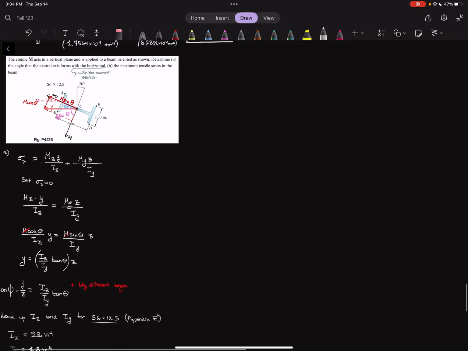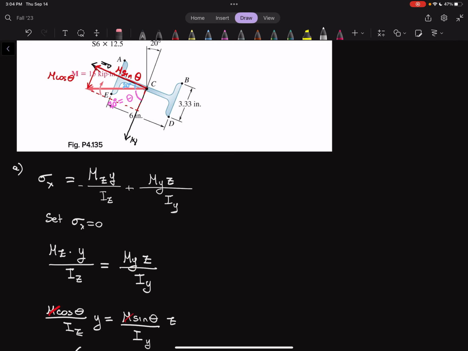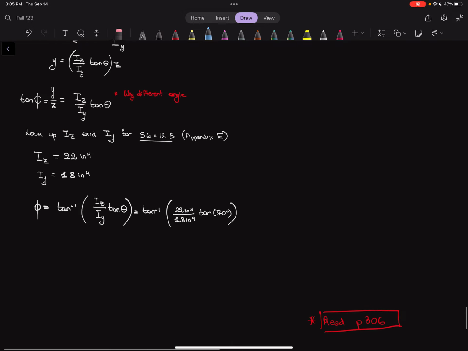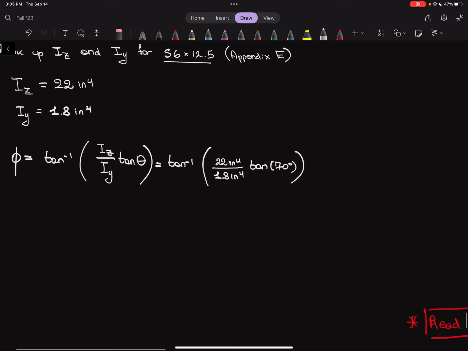Now, think about y and z. It's going to be an angle with respect to the z-axis. So it's going to be some angle right here, phi. So that's not what they asked us. They said the angle between the neutral axis and the horizontal axis. So we'll have to think about that for a second.